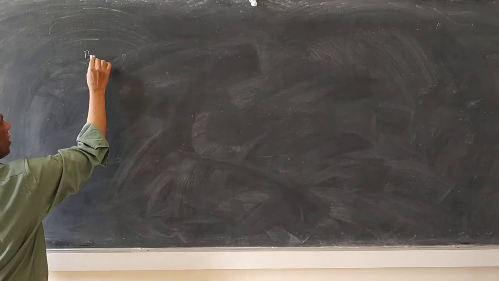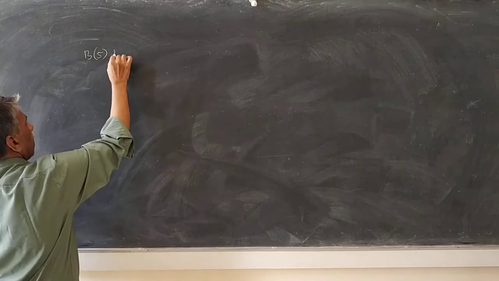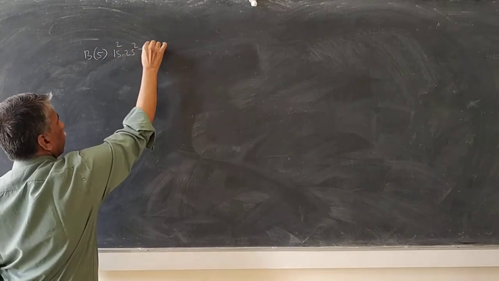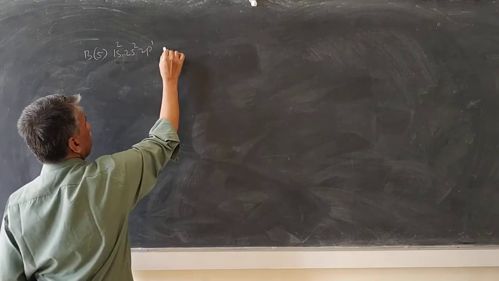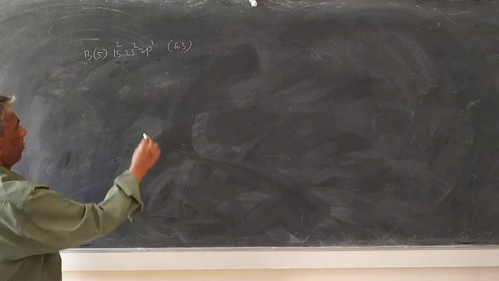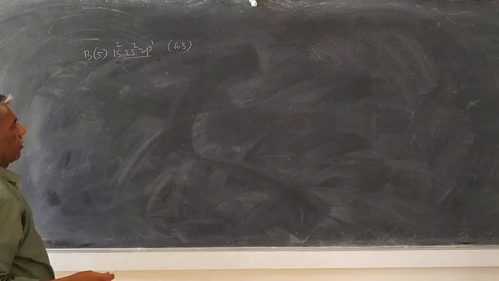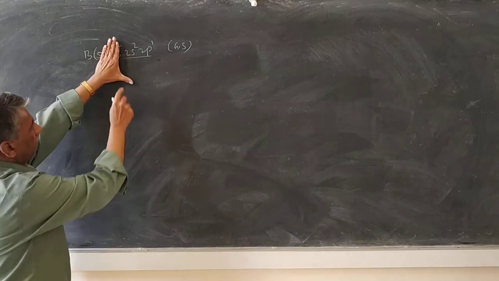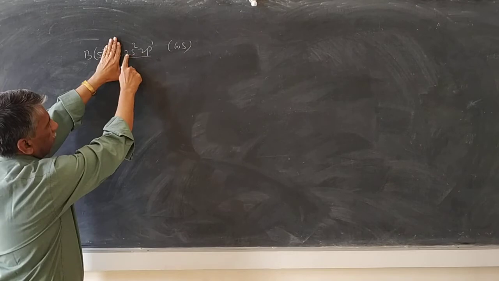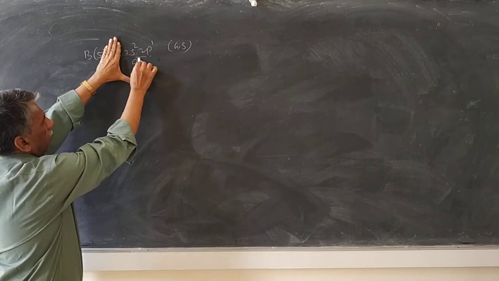I told you already, and its atomic number is 5. Okay, so its electronic configuration is 1s2, 2s2, 2p1. This is the electronic configuration in ground state. So you write here outermost orbitals I have to consider. This I don't consider. This is second shell. Therefore, these are called outermost orbitals.